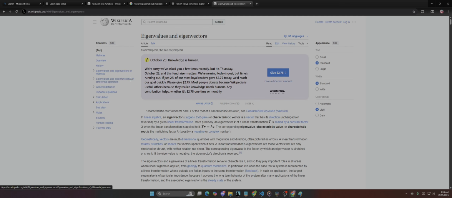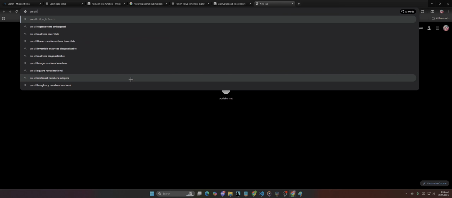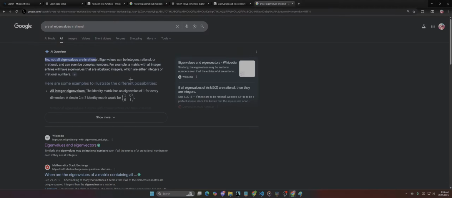I don't know, man. It shouldn't be that mind-blowing. Are all eigenvalues irrational? No, not all. They can be integers, rational or irrational, and can even be complex numbers.